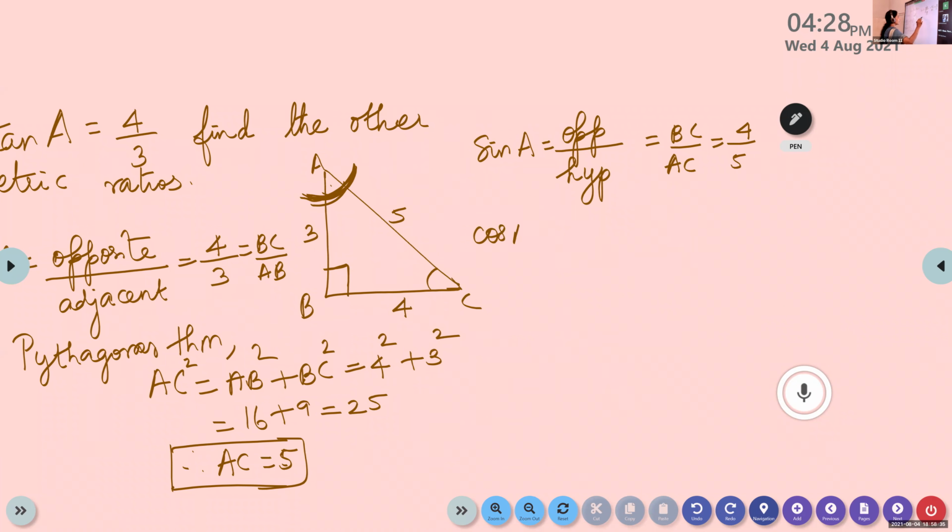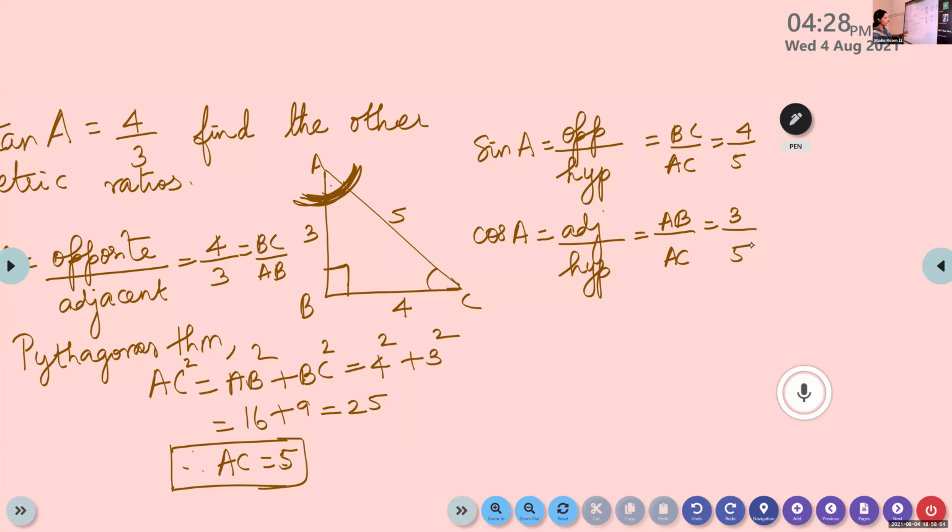What is cos A? Adjacent by hypotenuse. The adjacent side for the angle A is AB, so AB by AC. AB is 3, AC is 5. Tan A is already given. Once you find these two, the remaining you can write.